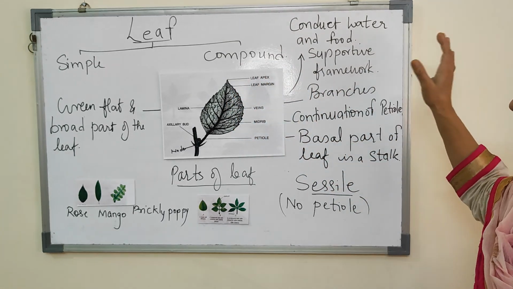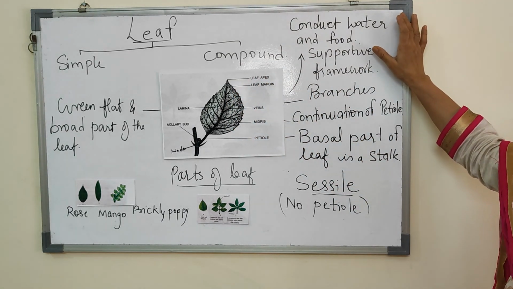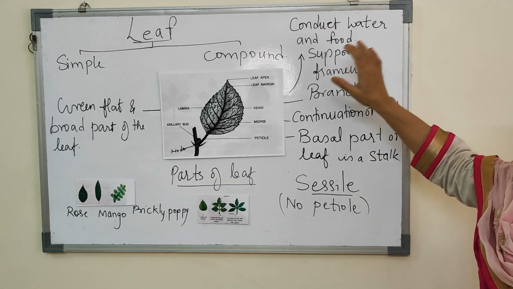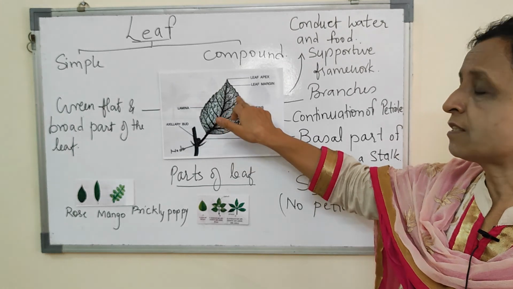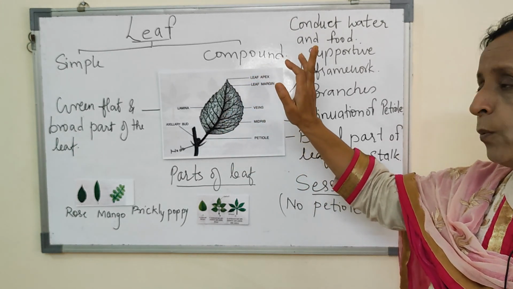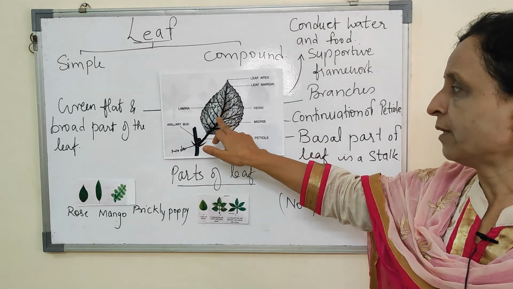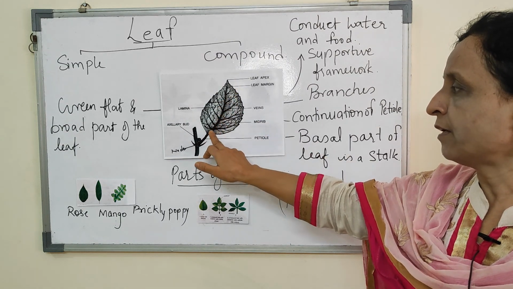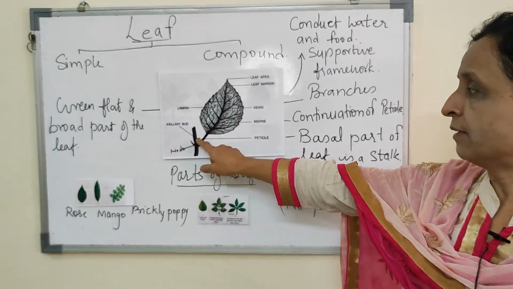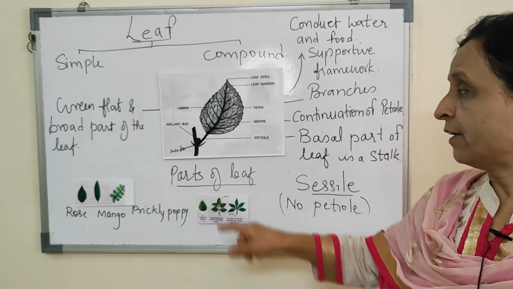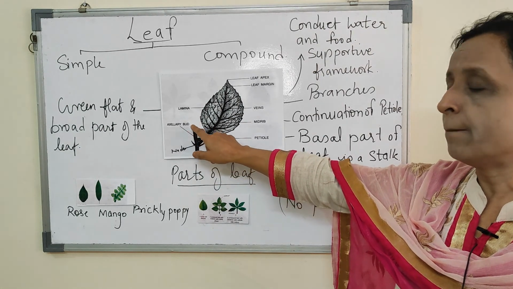So here we'll just do a quick revision. The conduction of water and food takes place in this leaf, which is done by the veins. Veins join the midrib. Midrib continues into petiole, and at the base of this petiole is the axillary bud.